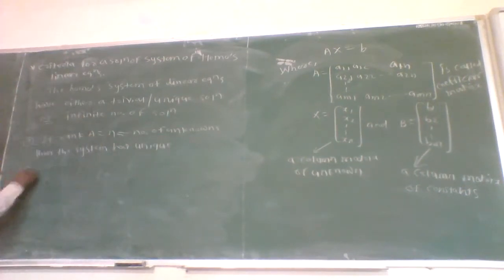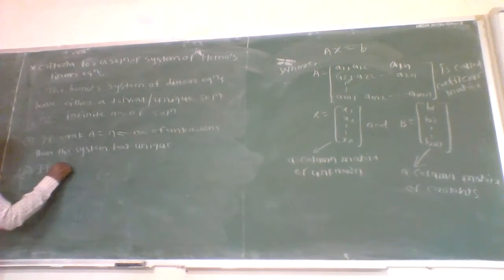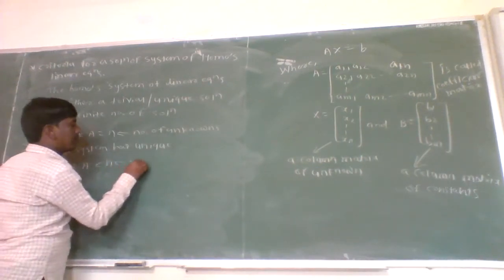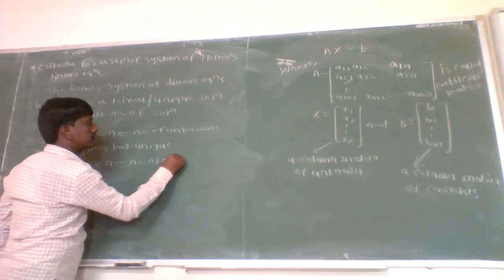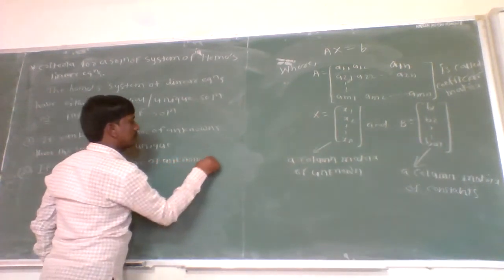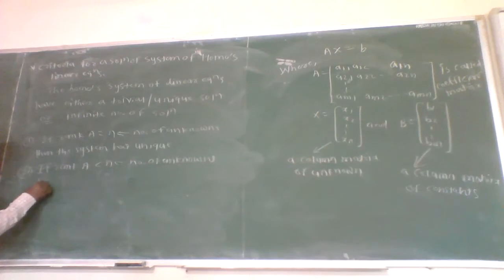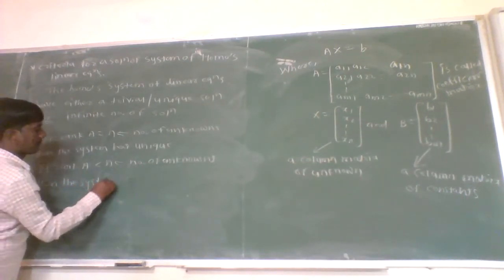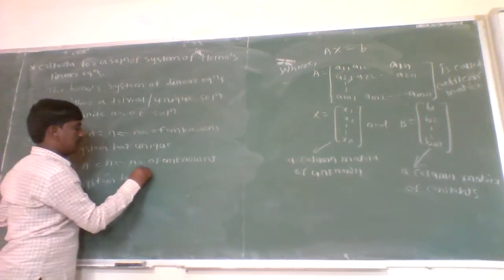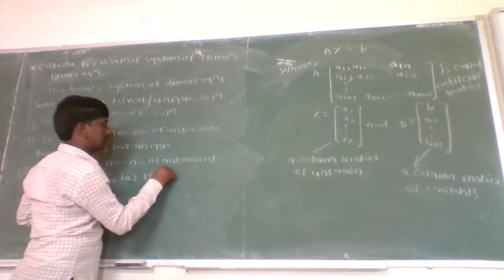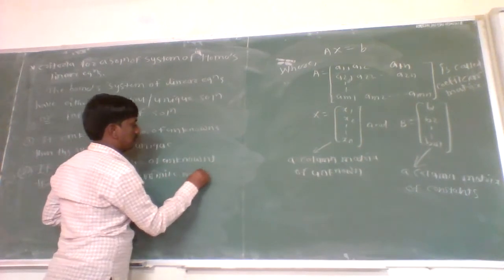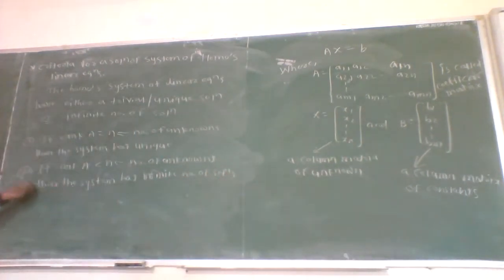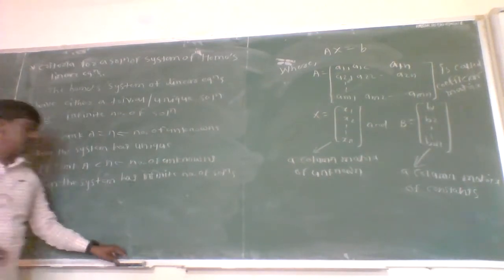And if rank of matrix A is less than n, where n is the number of unknowns, then the system has infinite number of solutions. Okay. Now we have to see one example depending on this concept.